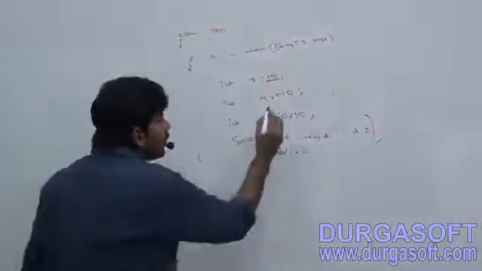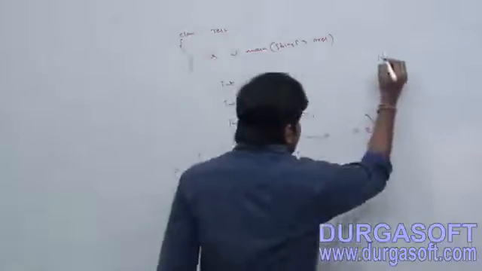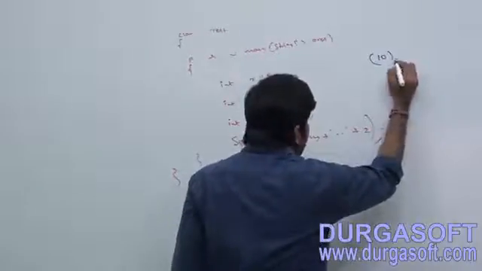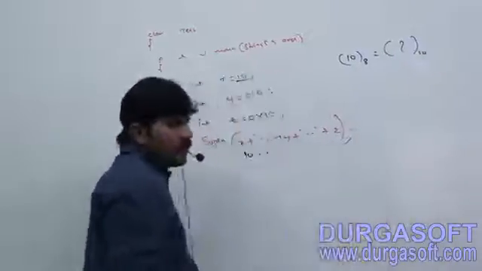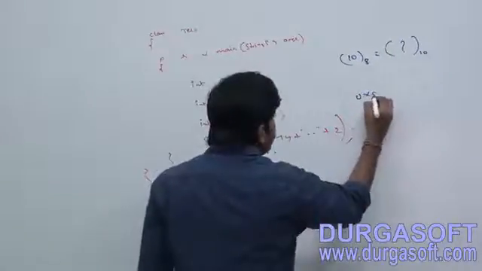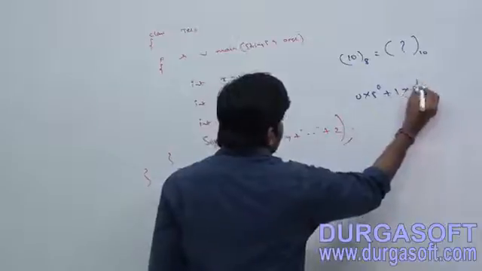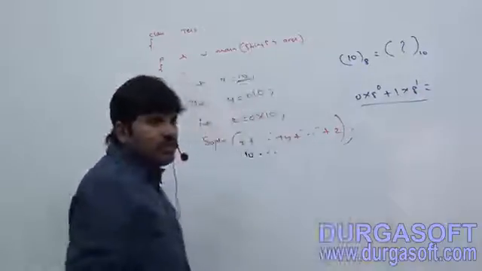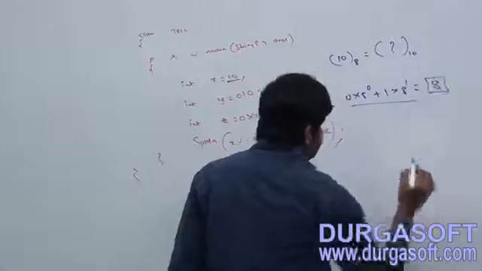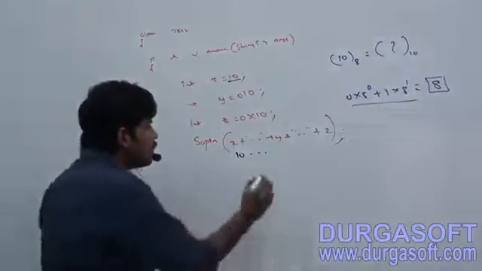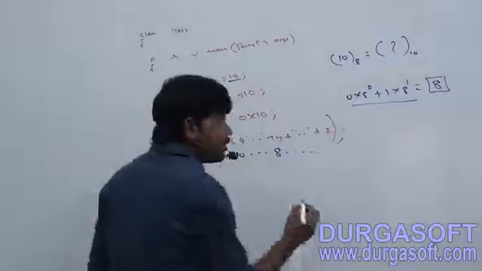Y is 010, octal value 10. Can you please convert it into decimal? 0 into 8 power 0 plus 1 into 8 power 1. What is its value? 8. Are you getting 8? That's why 10, 8.